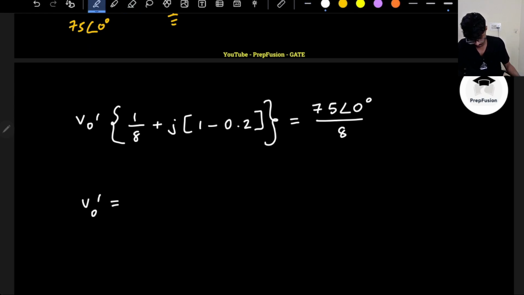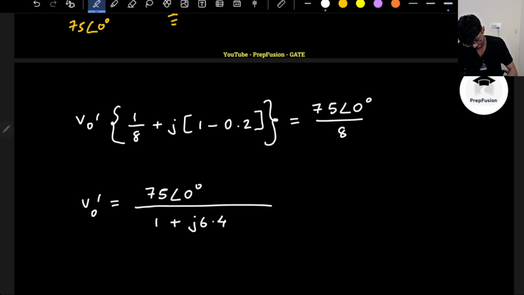So v naught dash, if I multiply by 8 on both sides, this will be 75 angle 0 divided by 1 plus j, 0.8 into 8. 0.8 into 8 will be 6.4.